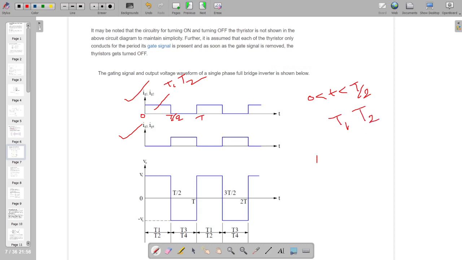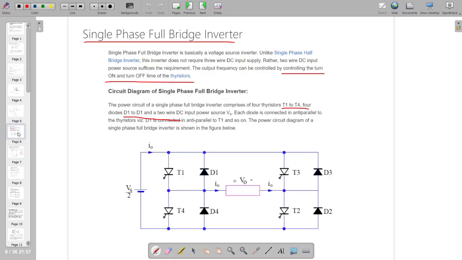During the second period, T by 2 less than small t less than or equal to capital T, T3 and T4 are in forward bias. Because of that, T1 and T2 are conducting in the first half cycle.